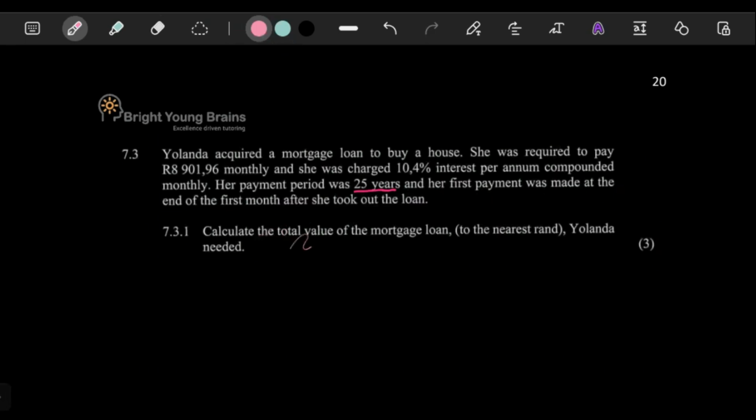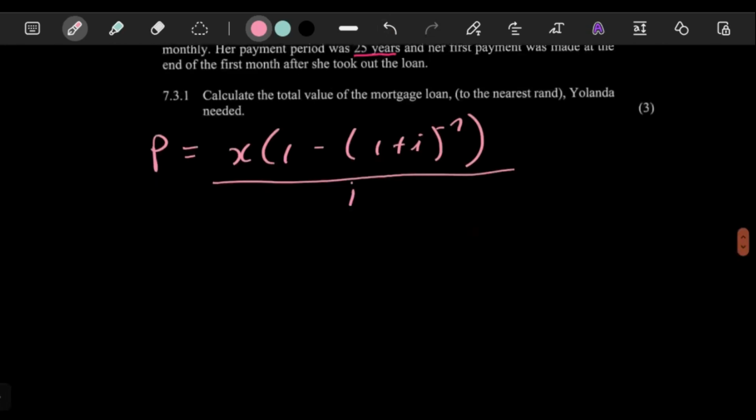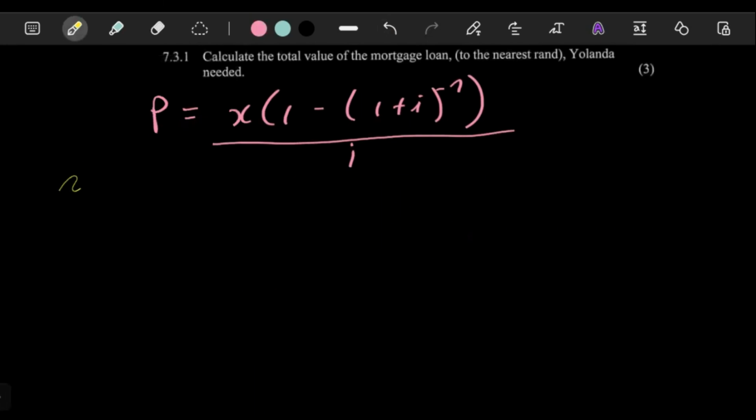Then calculate the value of the mortgage loan to the nearest rand Yolanda needed. So here we're being asked to work out the value of P, because they gave us everything else: the interest rate, the monthly payment, the years. So this is just a straightforward question where they want us to get the value of P.